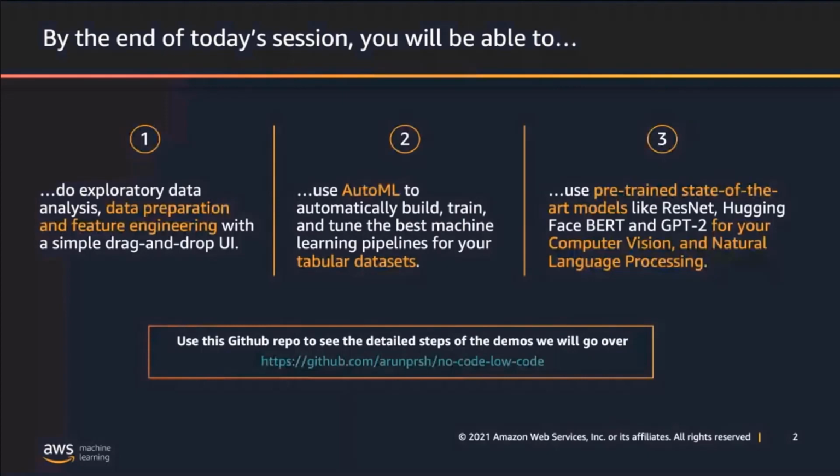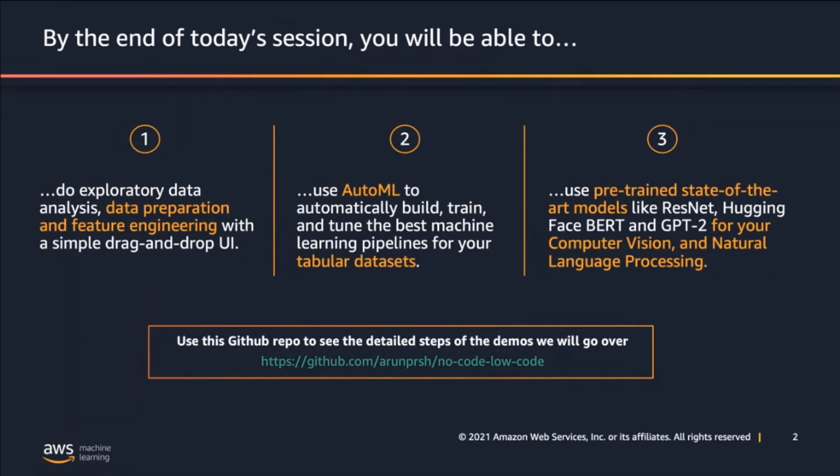Two, how to tap into AWS's AutoML tool to build ML pipelines for your tabular data completely automatically. And three, how to leverage a set of pre-trained state-of-the-art models like GPT-2, Hugging Face, and ResNet for your natural language processing and computer vision use cases that will allow you to go from zero to hero in just a couple of minutes.